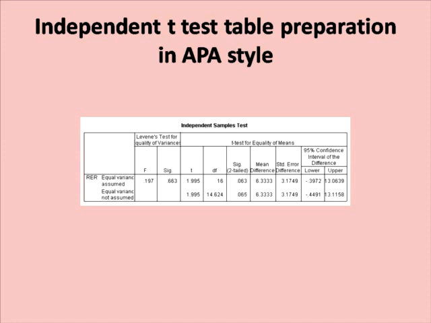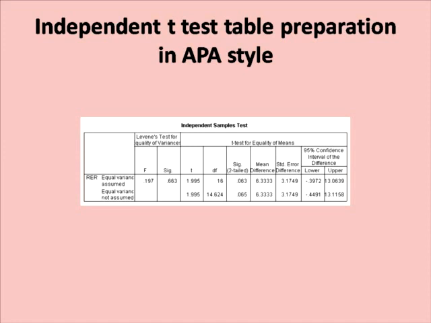But how do we select T, and from which row do we read T, DF, significance, and the 95% confidence interval? We decide on the basis of this significance.